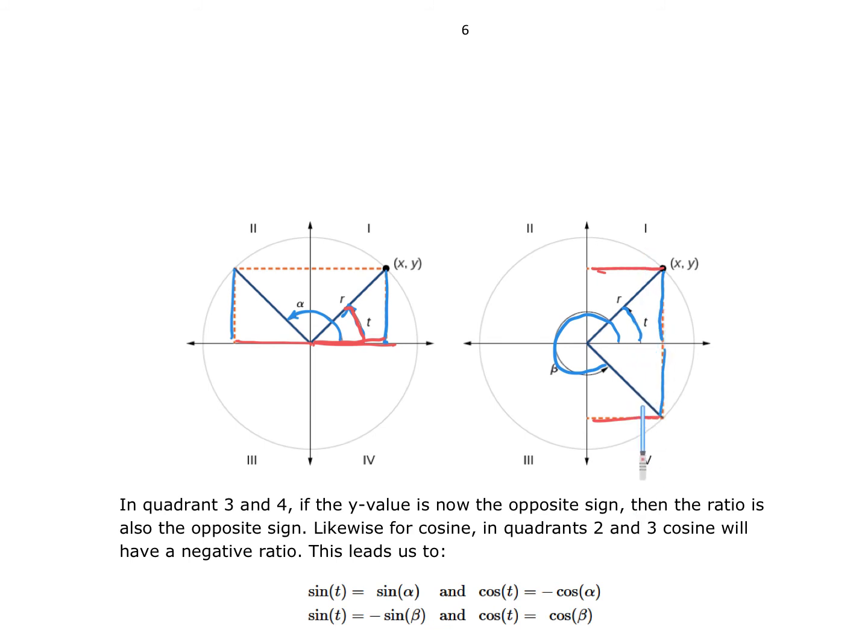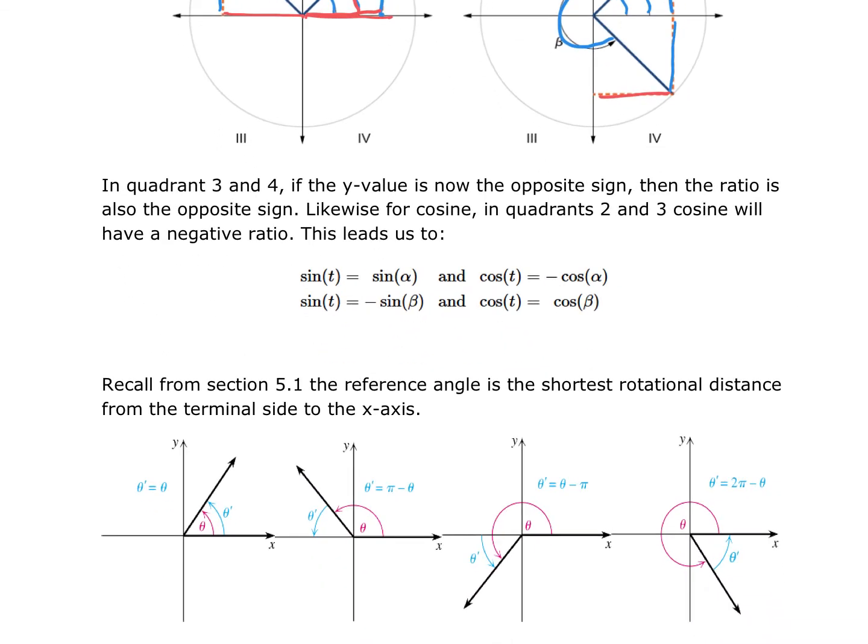And as with sine, in these two quadrants we have the negatives of it. That leads us to the fact that the sine of t is equal to the sine of alpha, but the sine of t is equal to the negative sine of beta, and same with cosine.